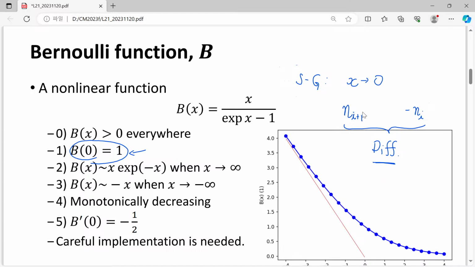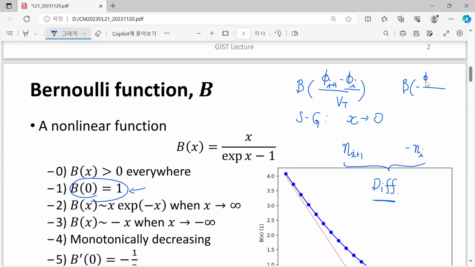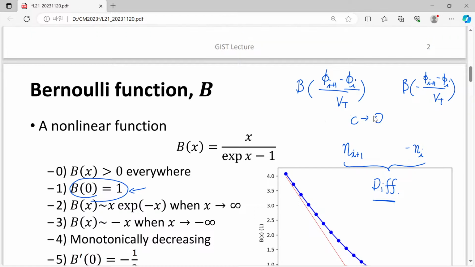On the other hand, for example, phi I plus 1 minus phi I divided by Vt, sum over J, that is one coefficient, and that is another coefficient, the same one with a different sign. Let's say this first input argument is quite large, much larger than 1, which means the other is much smaller than minus 1. Then what will happen?